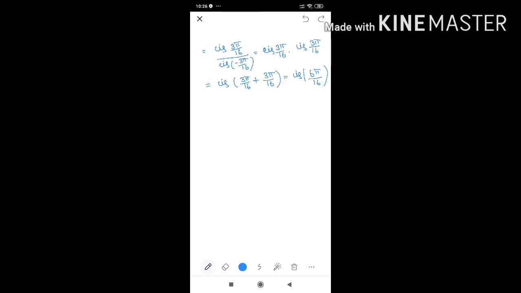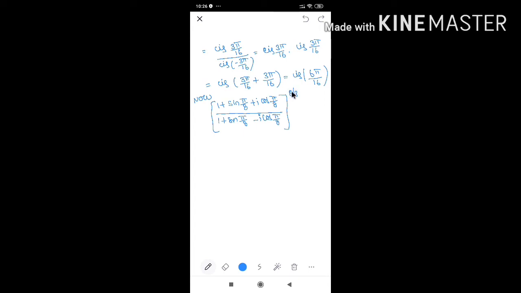But in the given question, the whole thing is to the power 8 by 3. Now I am writing the entire question: 1 plus sin pi by 8 plus i cos pi by 8, divided by 1 plus sin pi by 8 minus i cos pi by 8, for this entire thing power 8 by 3 is there.